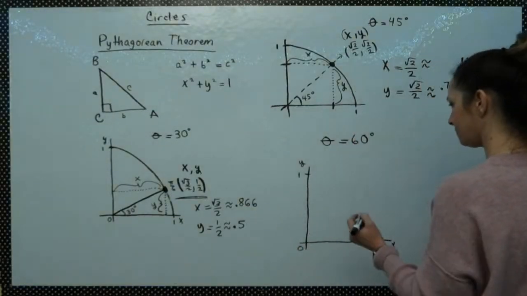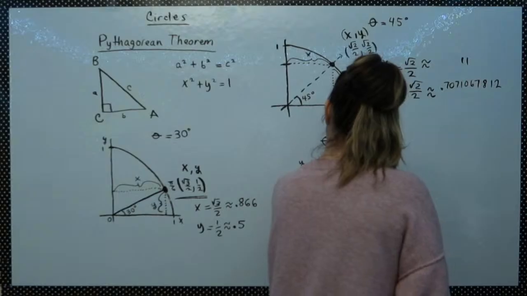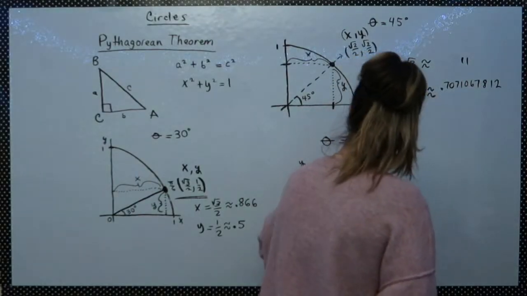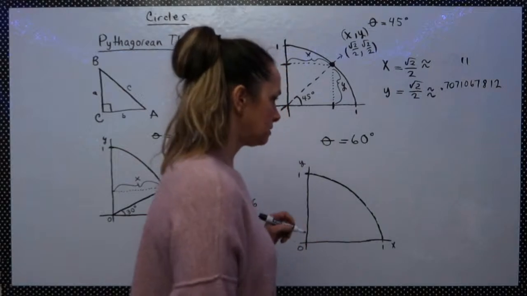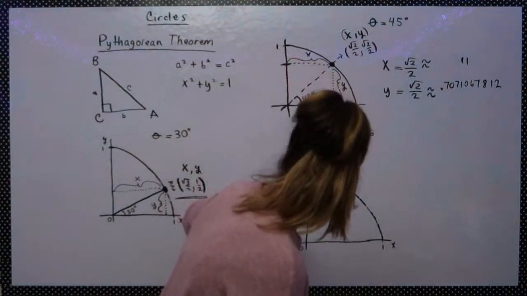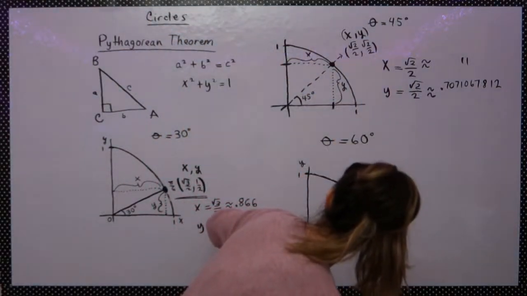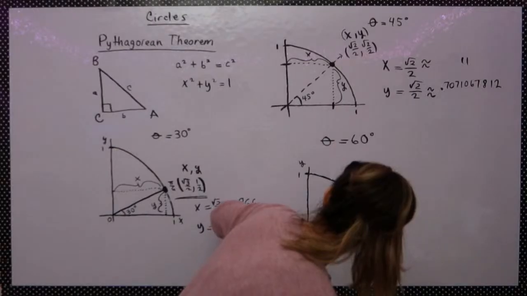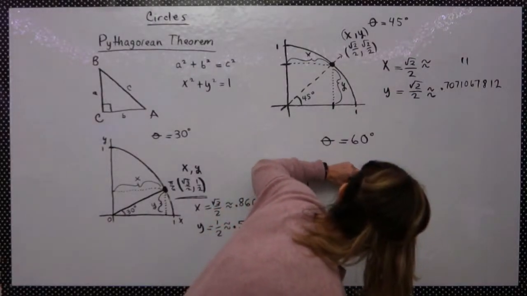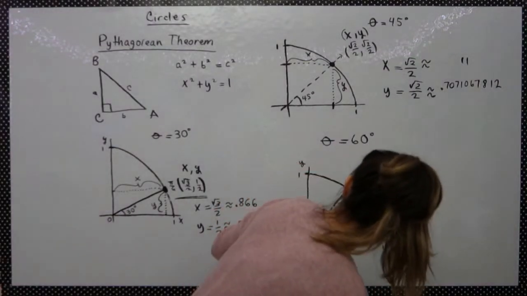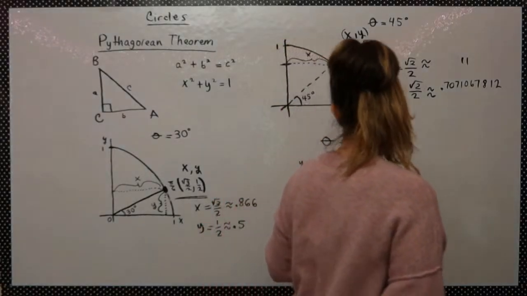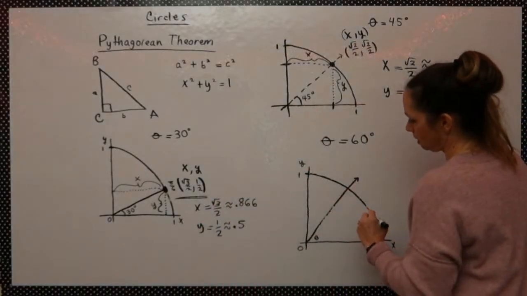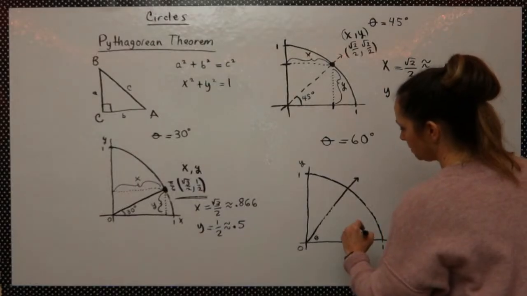Okay, let's see if I can draw it. All right, and then try to approximate somewhat. Where's the 60? A little bit more than 45, maybe right there. And it's going to be even more steep.